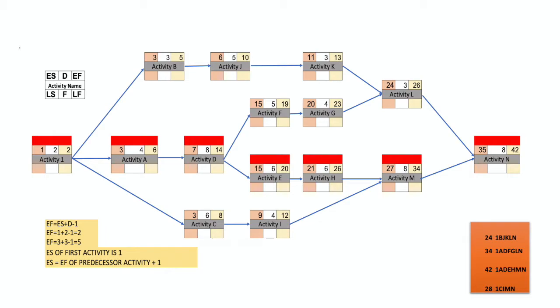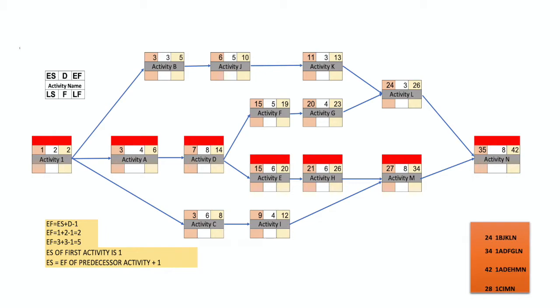Activity L has two predecessor activities, activity K and activity G. Before we put any early start, we need to find the early finish of activity G. For that, we go back to activity 1 and take its early finish.